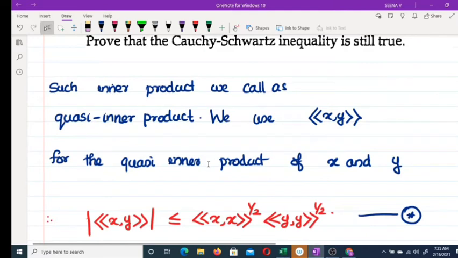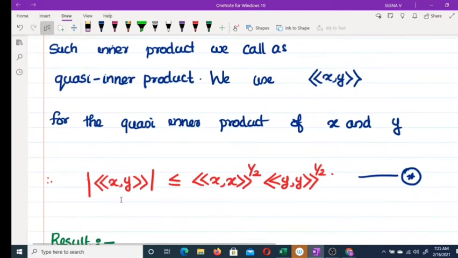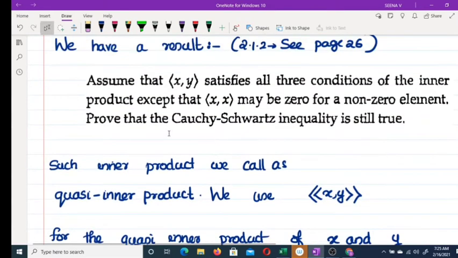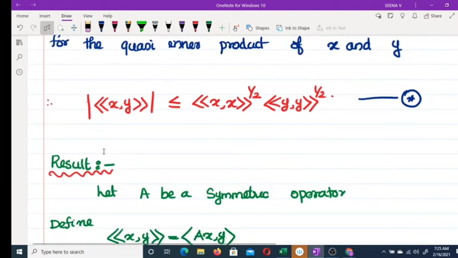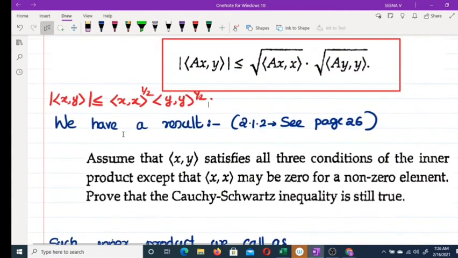For quasi inner product also, the Cauchy-Schwarz inequality holds. That means modulus of quasi inner product xy less than or equal to quasi inner product of xx whole raised to 1 by 2 into quasi inner product of yy whole raised to 1 by 2. So we are using this result for proving here.